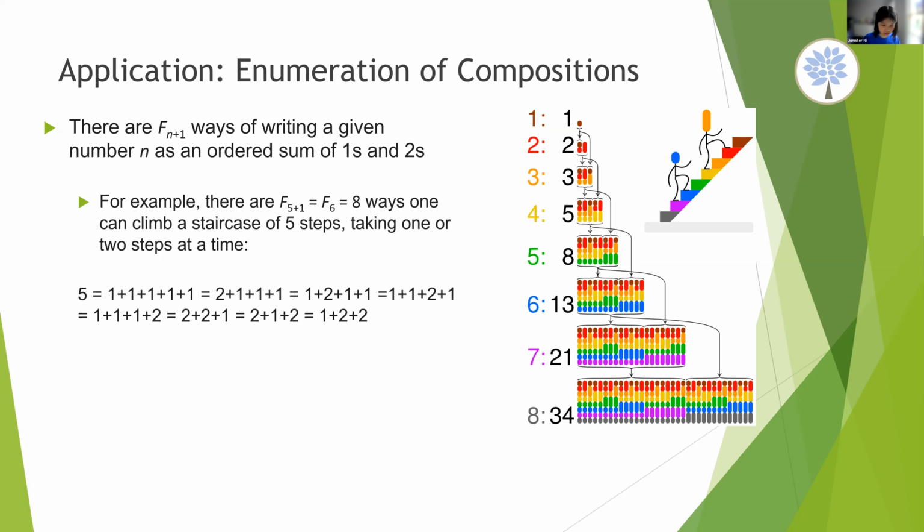It turns out there are Fn plus 1 ways of writing the given number n as an ordered sum of ones and twos. For example, there are F5 plus 1 equals F6, or 8 ways, when you climb the staircase of 5 steps, taking one or two steps at a time. Here lists out the enumeration in this form for the fives.